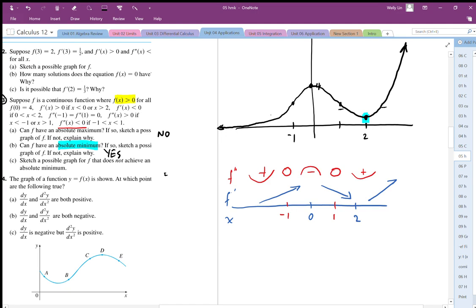And this means that it's going to just keep on being concave up. It's sloping down to the left or up to the right, has positive slope.